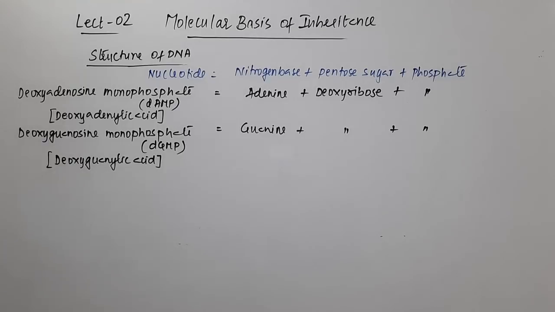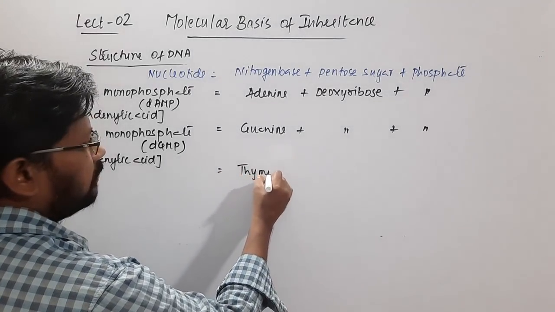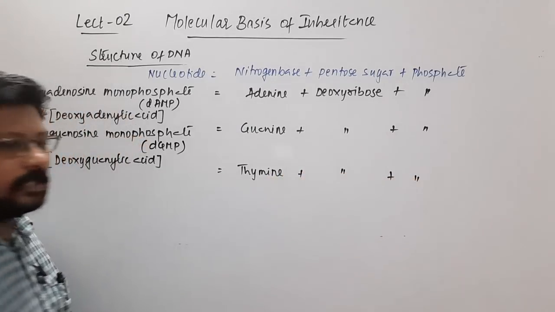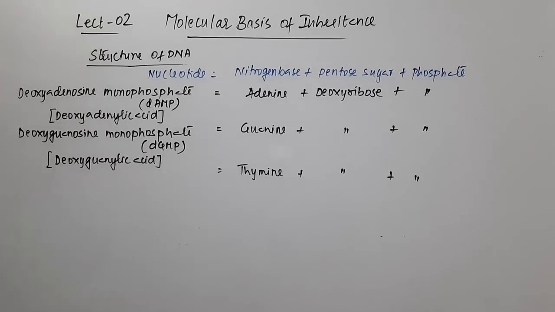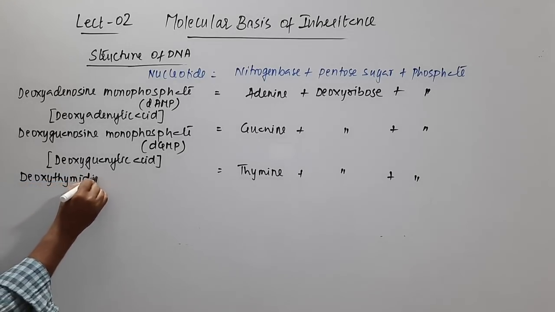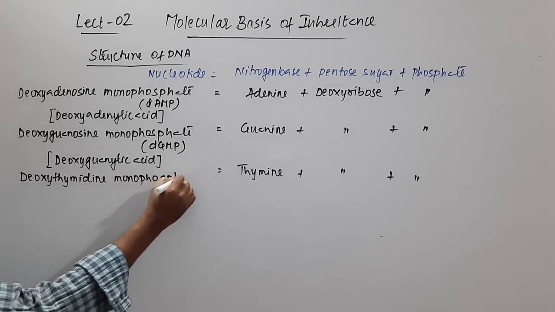Right. Now the next one, we'll take thymine plus the deoxyribose and the phosphate. This results in the formation of a nucleotide called deoxythymidine monophosphate.